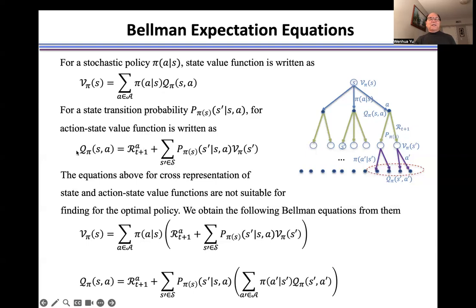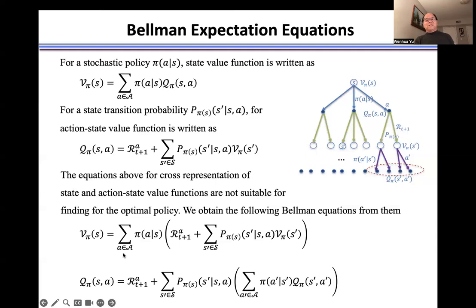Then we can substitute this Q to here, and we get a specific Bellman equation. It's called the Bellman expectation equation for the action state value function. In a similar way, we substitute this V into here, and we get another Bellman expectation equation.